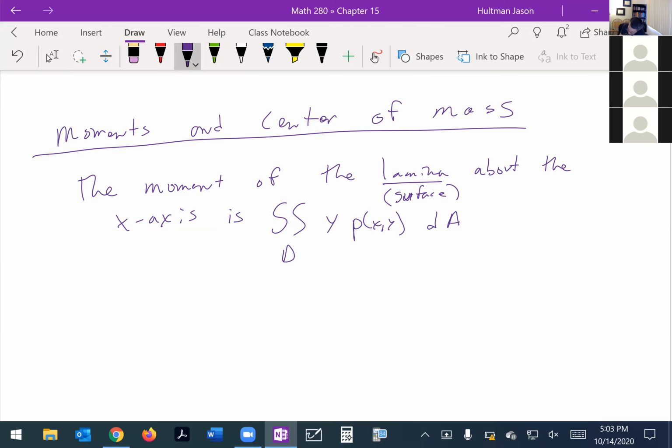That's about the x-axis. About the y-axis is with x, dA. So notice that they're opposite. About the x-axis is y rho dA, and about the y-axis is x rho dA.